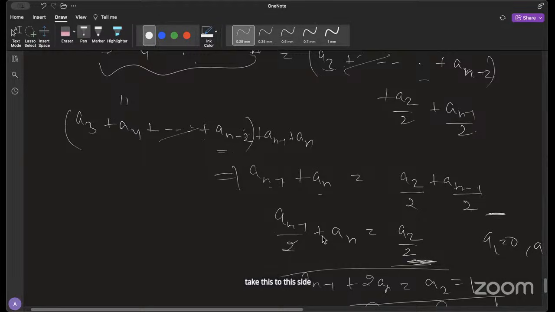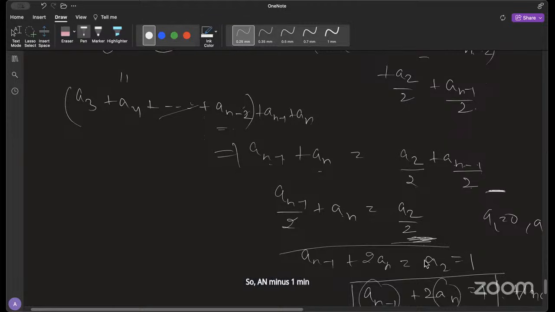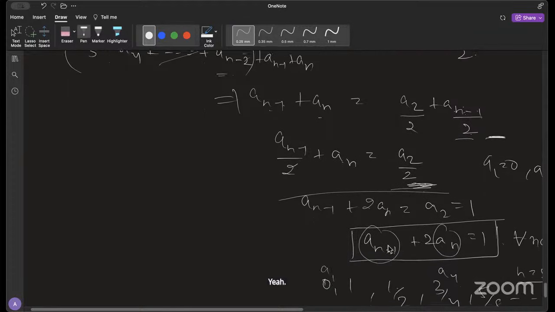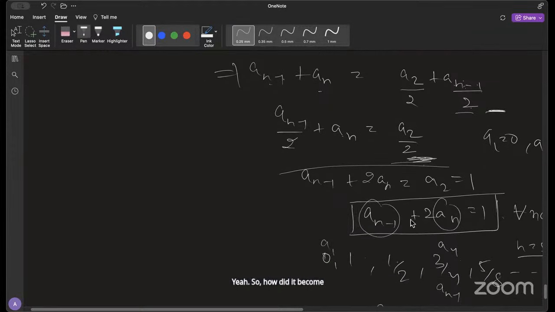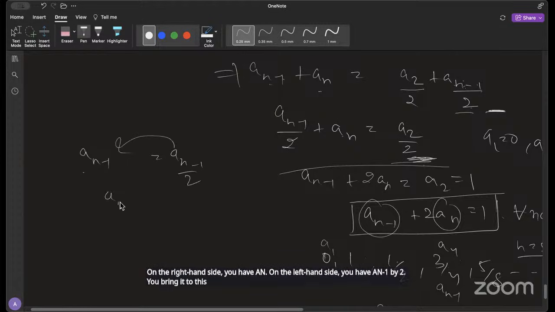You'll have an minus 1 by 2 plus an. So an minus 1 minus an minus 1 by 2 becomes an minus 1 by 2. Take this to this side. So how did it become an minus 1 by 2? On the right hand side, you have an. On the left hand side, you have an minus 1 by 2. You bring it to this side, it will be an minus 1 minus an minus 1 by 2.